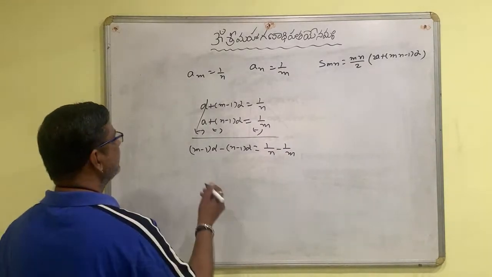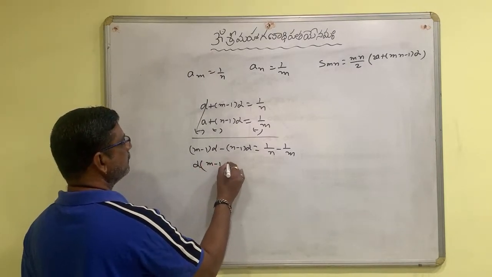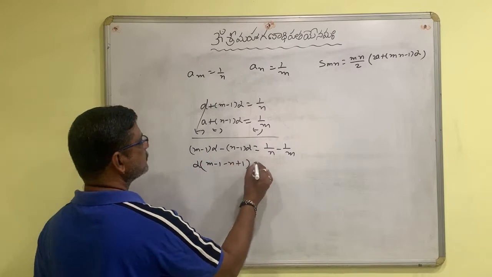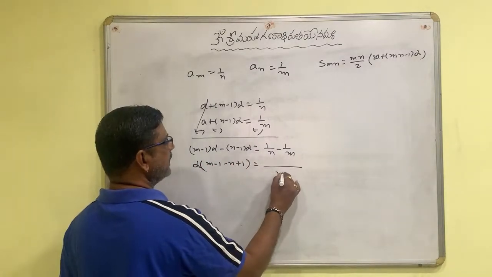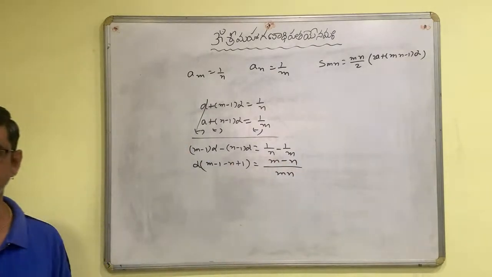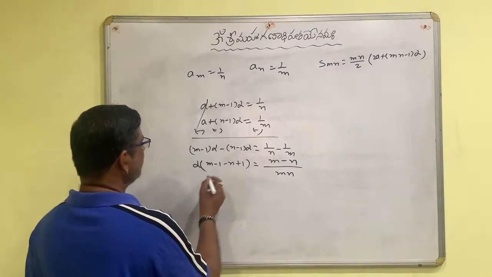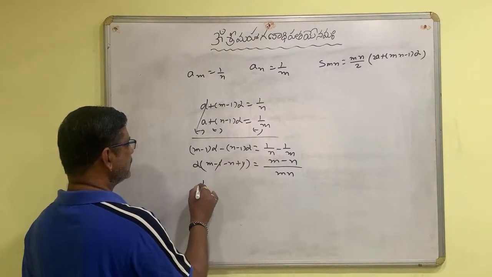Now simplify. Take d common. M minus 1 minus n plus 1 is equal to, here take mn LCM, m minus n. Now simplify here. Minus 1 plus 1 get cancelled.